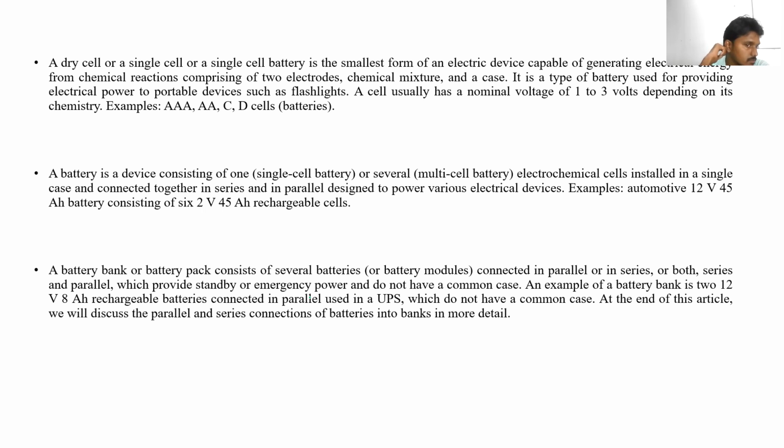Already we have discussed that a battery is nothing but one cell or more than one cell, please remember. For example, each cell has 2 volts. If you want to make a 12-volt battery, we have to take 6 cells, 6 into 2.